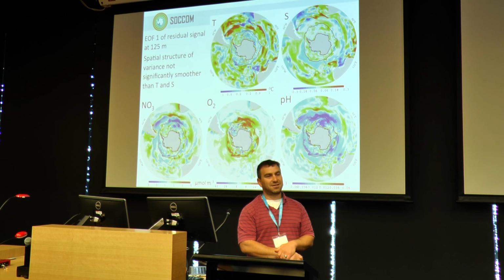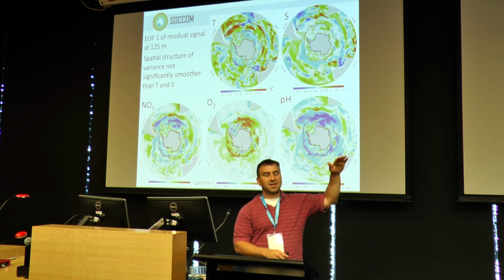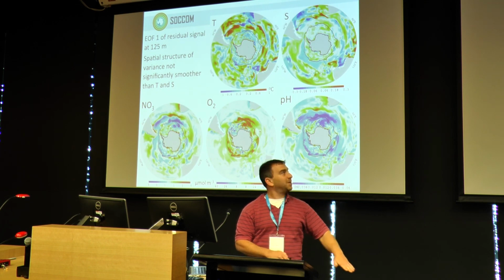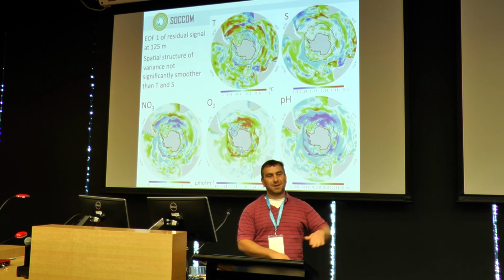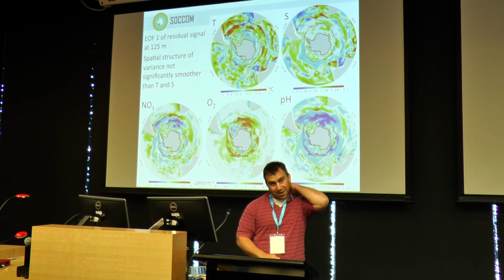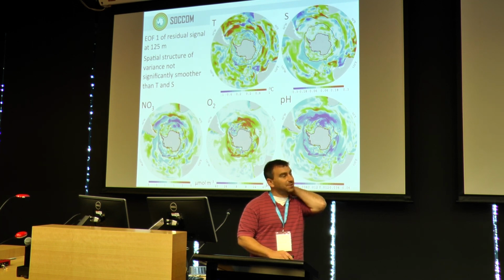Even going down in depth, when I look at temperature and salinity, the variance almost always just drops with depth. But when I look at things like oxygen, sometimes you find peaks in variance below the surface. So there's definitely different behavior between these variables, and that's going to lead to regional variation in how these things behave.